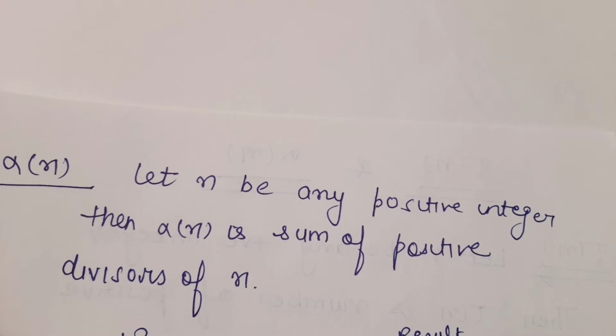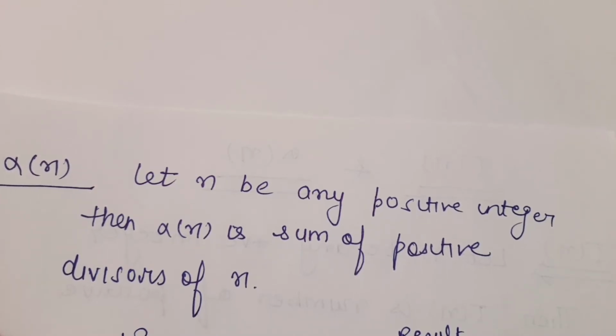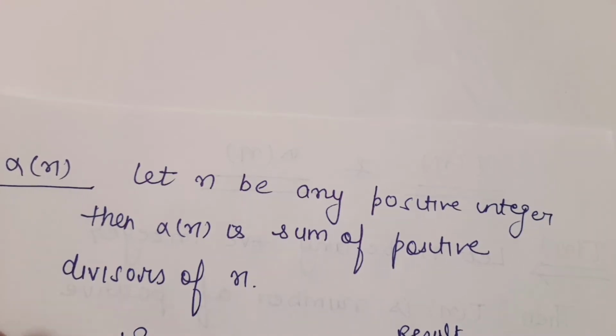We have studied what is sigma n, what is tau n. We studied how we can easily calculate sigma n and tau n, and now we will see where we can use sigma n and tau n in modern algebra to make things easy, to avoid the calculation. So now we come to those short tricks.